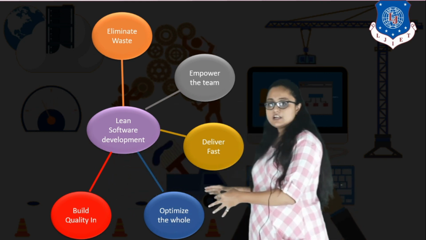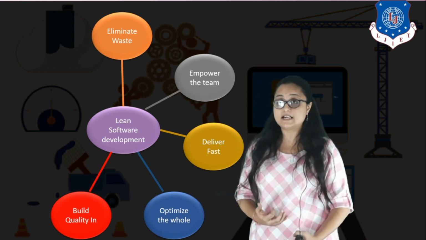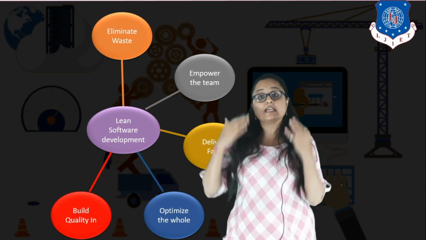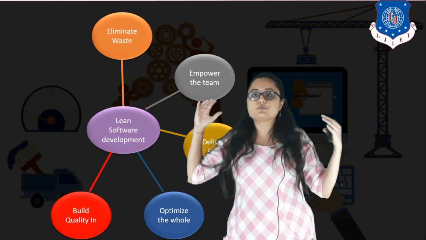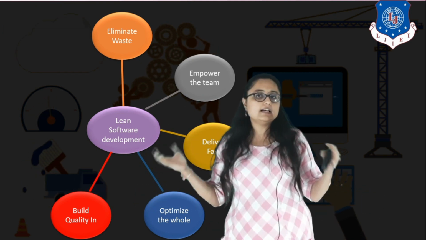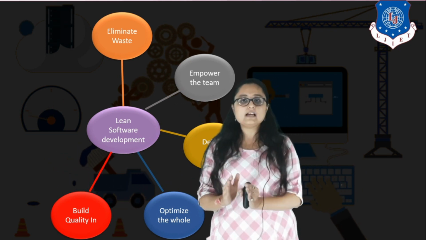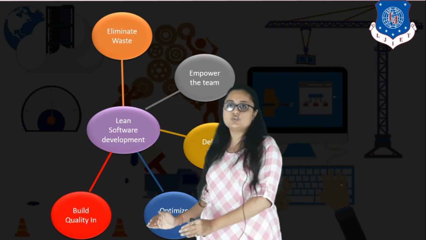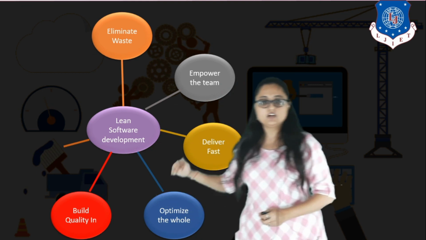But if there is an error involved, what we will do, we will rectify it as soon as we encounter that error, because in certain process models what we do, we delay the testing, right? That yes, we know that there are some errors, but we will rectify it later on. Let us move on to some other phase, right? So don't do that if you are following lean software development. If you are encountering an error, as fast as possible you have to rectify that, right?